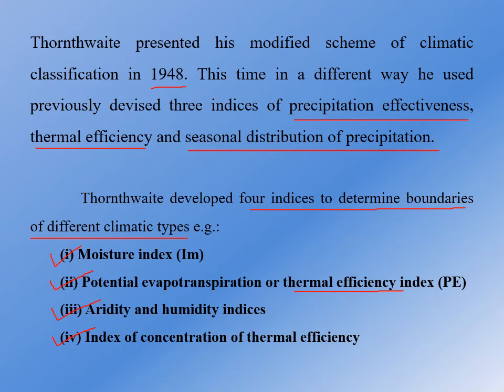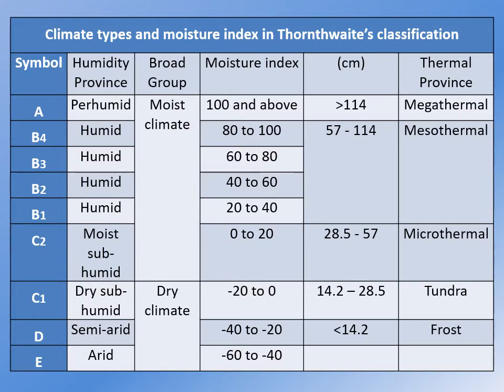So Thornthwaite, depending on the moisture index and the thermal province and all other indices, proposed the climatic types mainly on the basis of moisture index into several groups and symbolized them by some alphabets depending on the moisture index, which has different values.